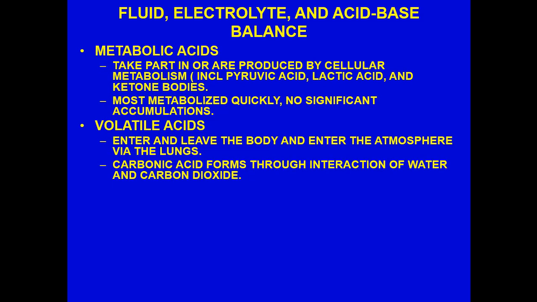Then we have metabolic acids. These are produced by cellular metabolism. So if you remember the chapter we did on metabolism, you have pyruvic acid and lactic acid and ketone bodies, and all of these can have an influence on pH.